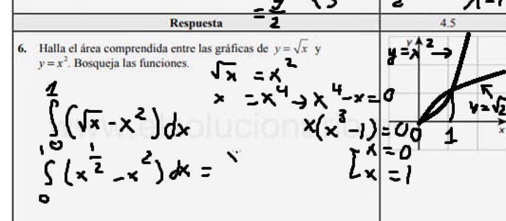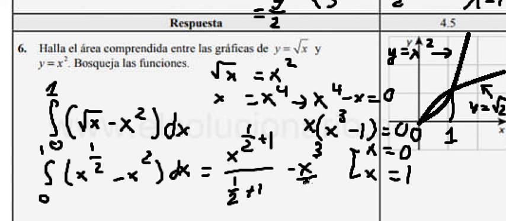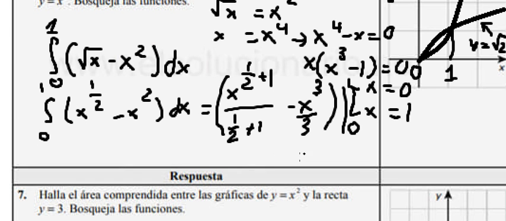So we get x to the power of 1 over 2 plus 1, over 1 over 2 plus 1. This one you get x to the power of 3 over 3. And we have the boundary from 0 to 1. So we put 1 going here, 0 going here, and we get 1 over 3. And this is the answer for question number 6.